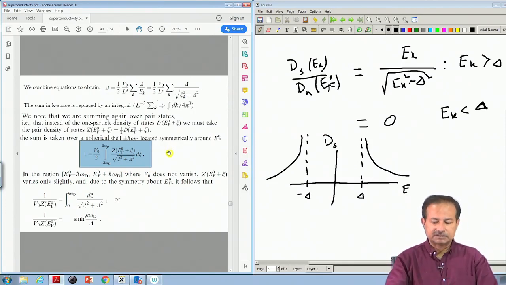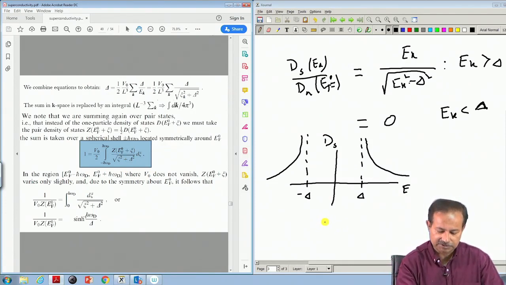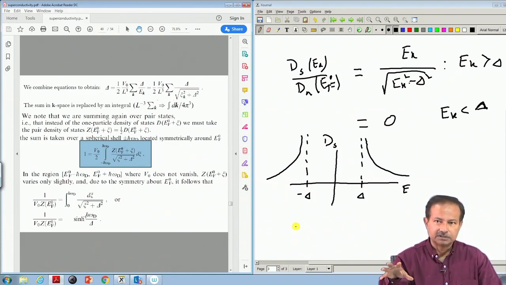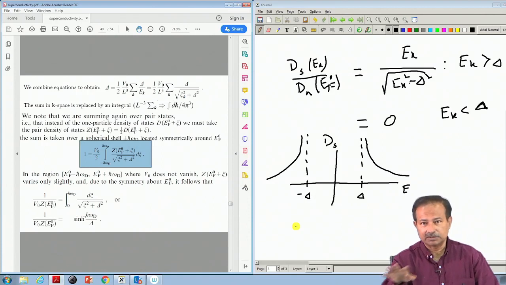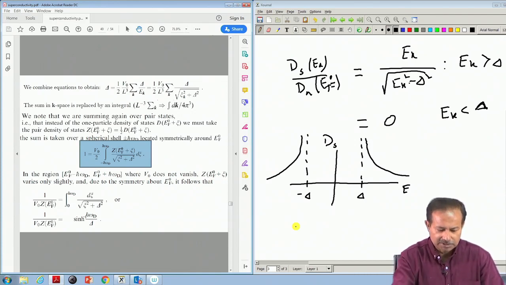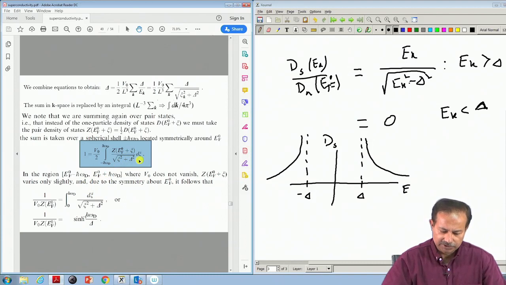Remember, if the integrand, the quantity you are summing, is a function only of epsilon k, the non-interacting energies, then you can convert it into an integral involving the density of states. This we have done in the past, and I am sure you know how to do it. So, that is what we are doing.